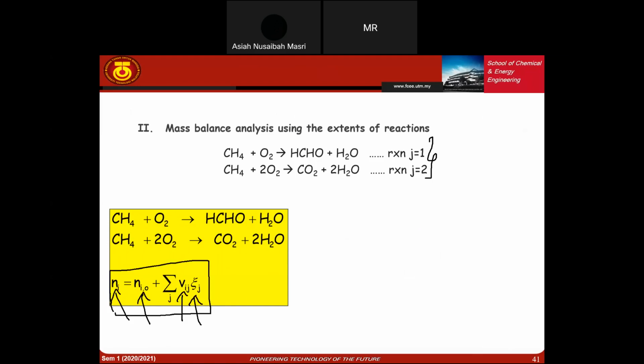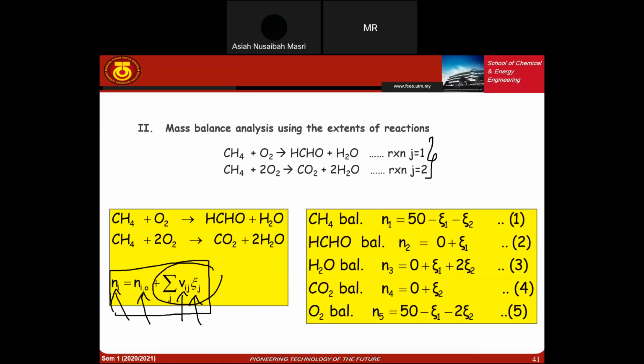If the compound is involved in both reactions, then there will be two terms of extent. We have extent 1 and extent 2. But if the compound is involved in one reaction, then there will only be one extent of reaction. So what we do, we write the mass balance using extent of reaction for all the 5 compounds that we have in both reactions.